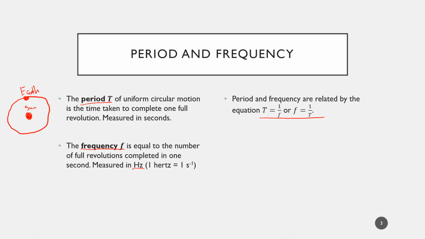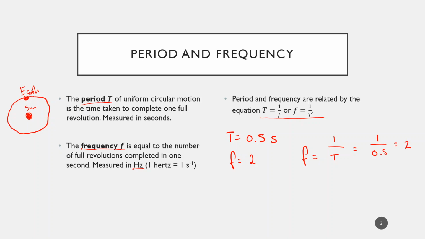If it takes half a second for me to complete 1 revolution, that would be the period. The period is half a second. Then in 1 second, I can complete 2 revolutions, which means the frequency would be 2. We can relate those two things by saying that the frequency is equal to 1 over the period: f = 1/T. 1 over 0.5 is 2.